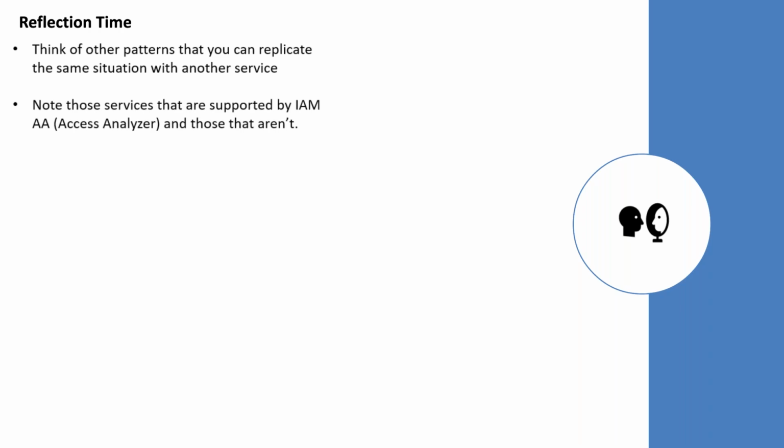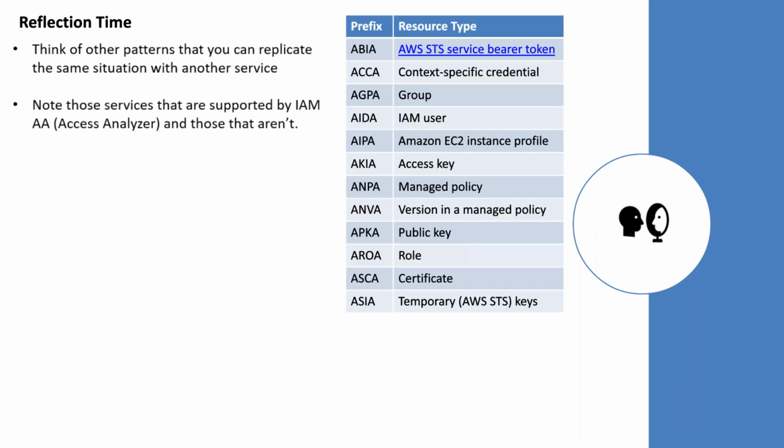Also note, IAM Access Analyzer only supports a limited set of services. Know what those are and where the boundary line is for services that aren't supported by IAM Access Analyzer. And here's that legend again, right? Let's think through some of the things you could try on your own. What about instance profiles?